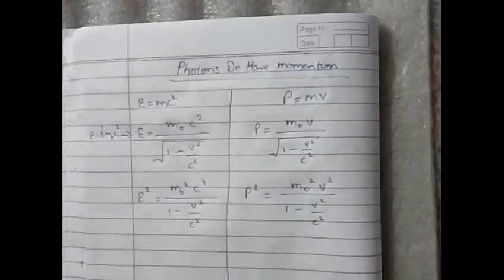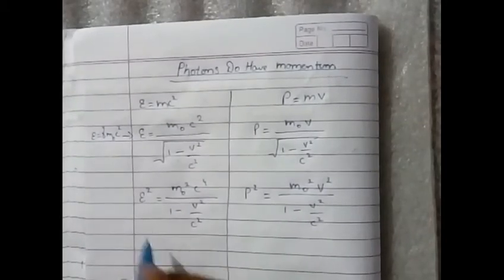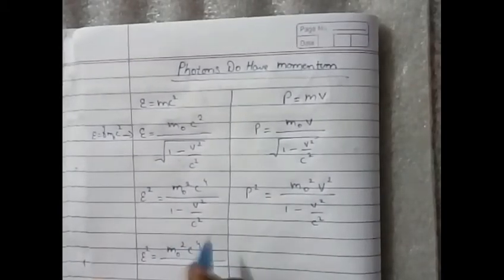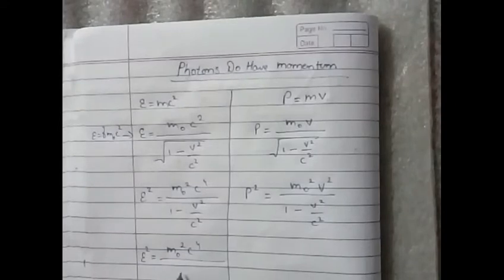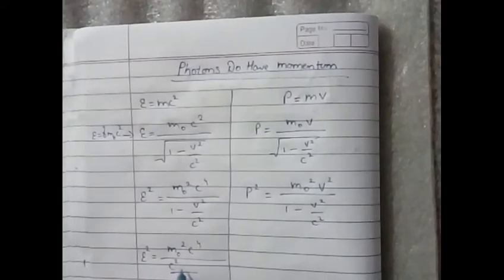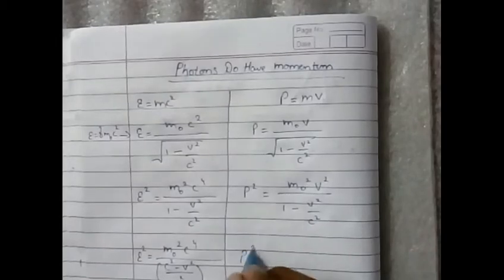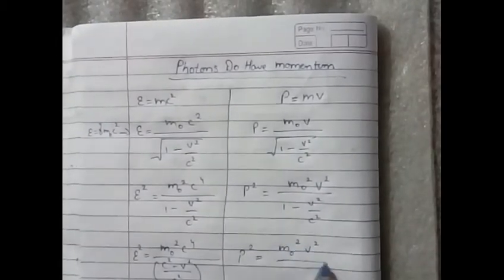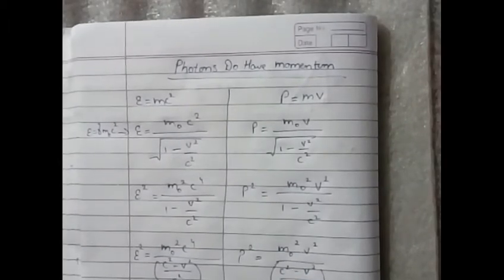Solve them a bit. It will be E squared equals m naught squared c to the power 4. Then taking c squared here, it will give you c squared minus v squared. And same with the momentum squared, m naught squared v squared over c squared minus v squared over c squared.